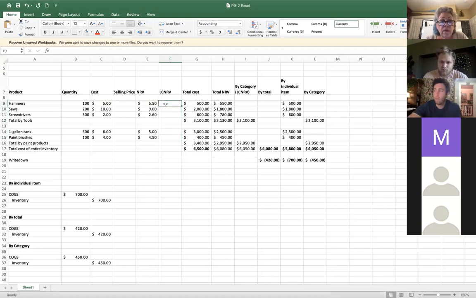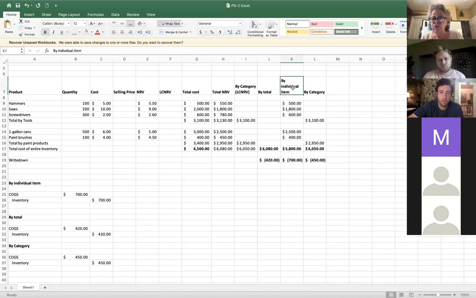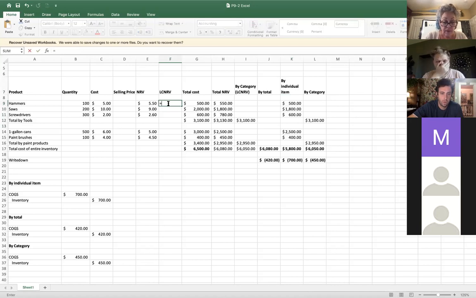So in LCNRV, because I want to know which one is lower by product so that I can calculate my by individual item or by product cost, I do equal, and then I do an if statement, and then I put in the logic test.